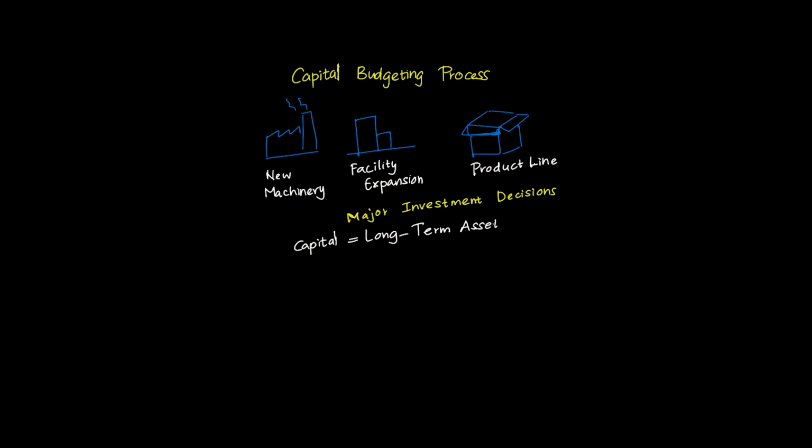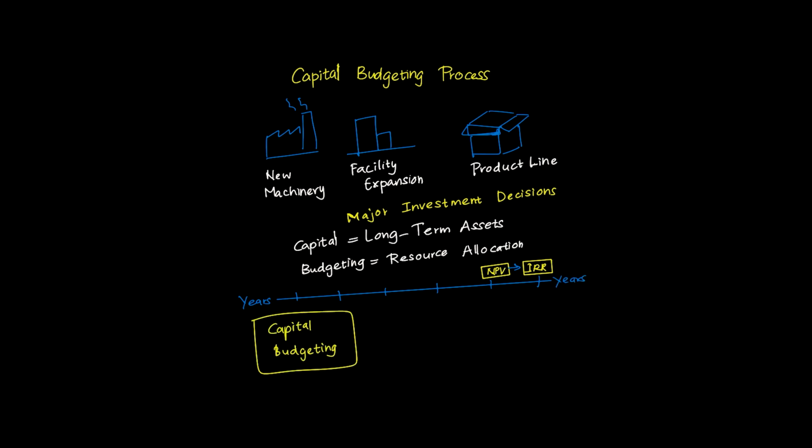The word budgeting refers to allocating resources, so capital budgeting is about allocating resources to major long-term investments. These decisions typically involve large amounts of money, affect the company for many years, and are difficult to reverse. That's why they require careful analysis using tools like net present value and internal rate of return.